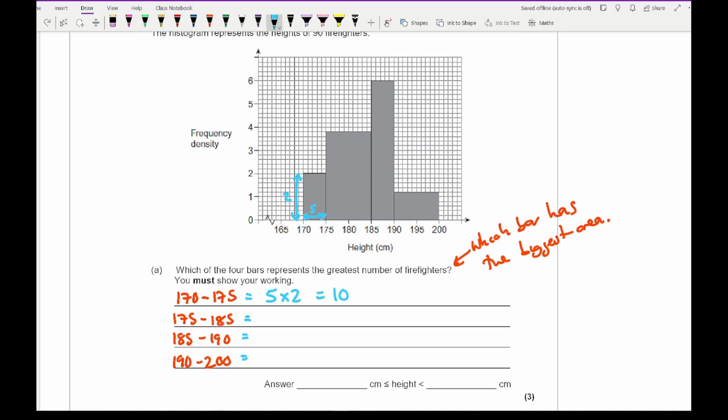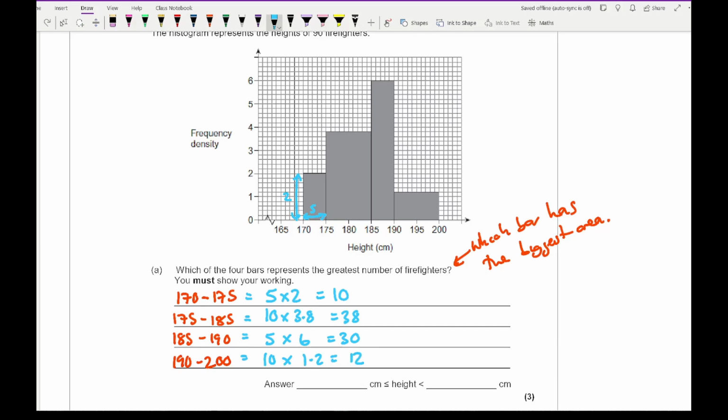Then with the second bar, I make that out to be about 3.8 by 10. So it's 10 times 3.8, and that gives me 38. For the next bar, I've got 5 times, and I make that out to be 6, so that's 30. And for the next one, I've got 10 times a height of 1.2, which is 12.